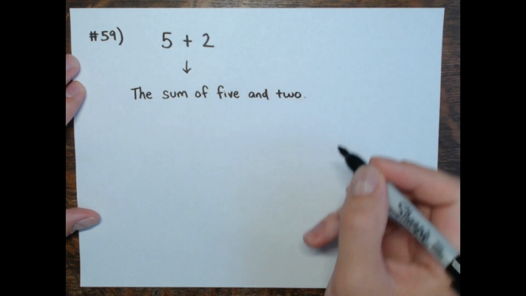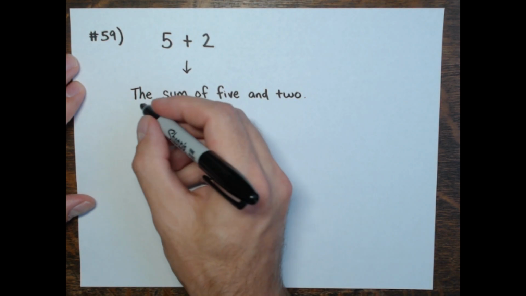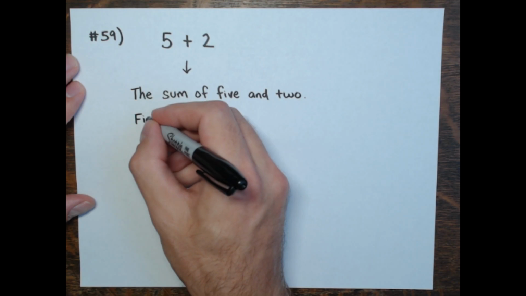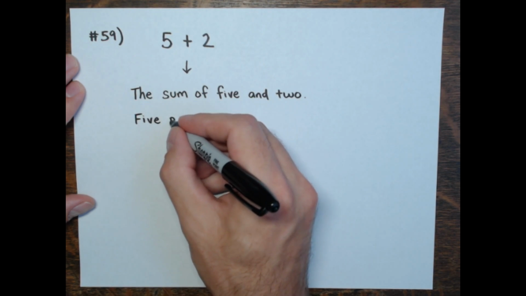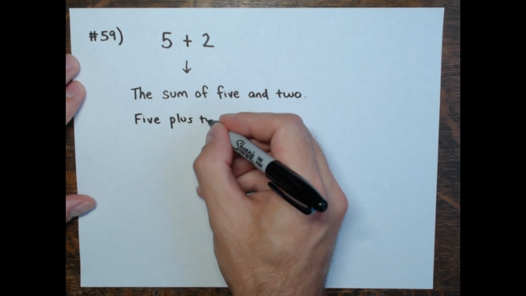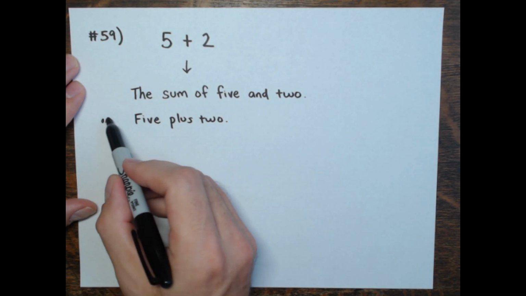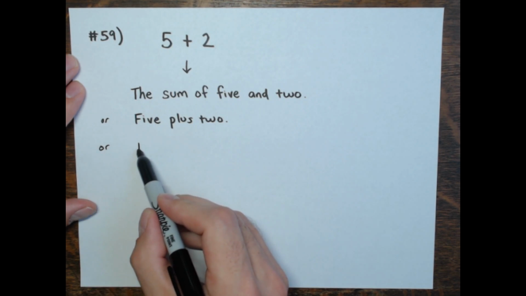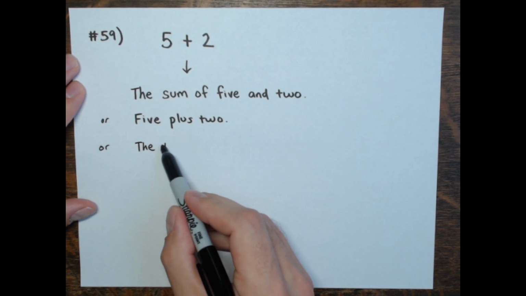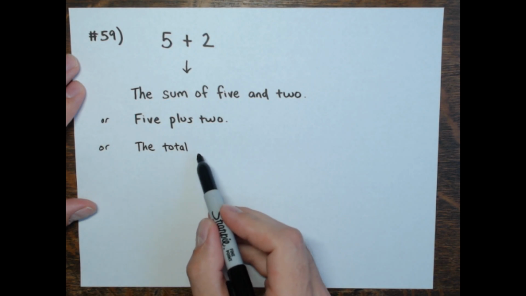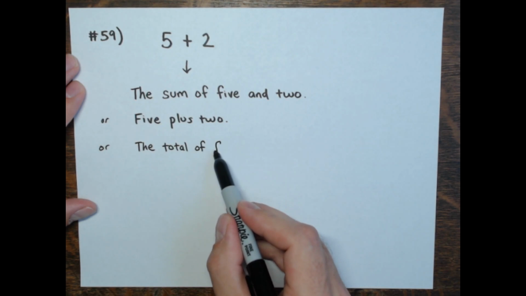I'm writing everything out in words, even the numbers. I could just write what I said earlier, 5 plus 2. That's adding 5 and 2. Or the total of 5 and 2.